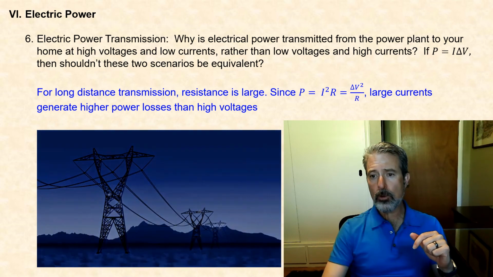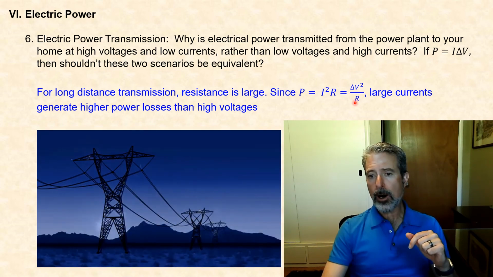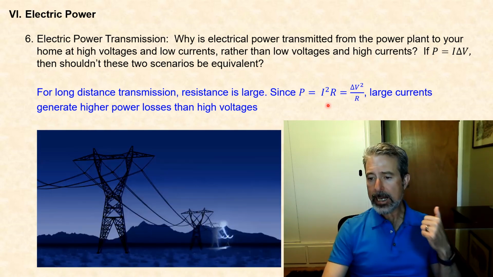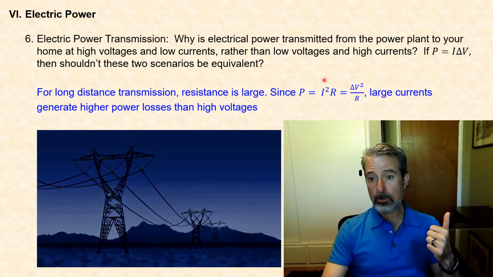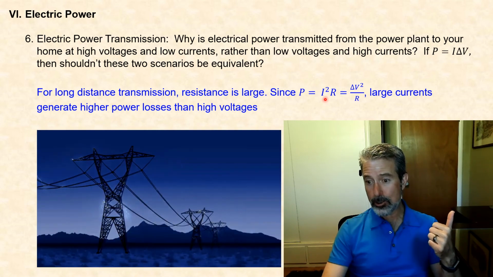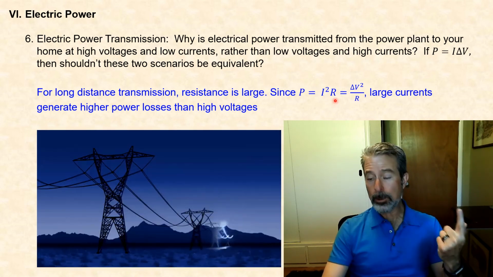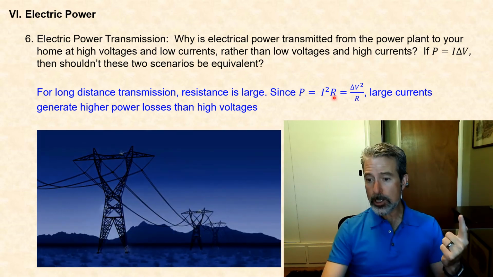Looking at the formula I squared R, to transmit electrical power at a high current, well, true, you are squaring a large number if the current is high, but then you are multiplying it by a large value of resistance.